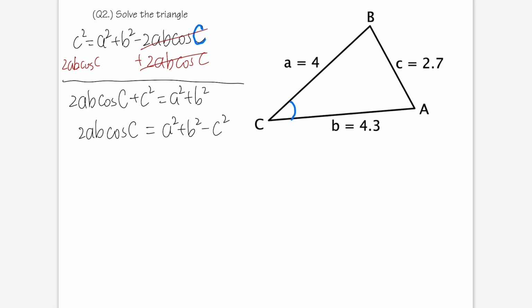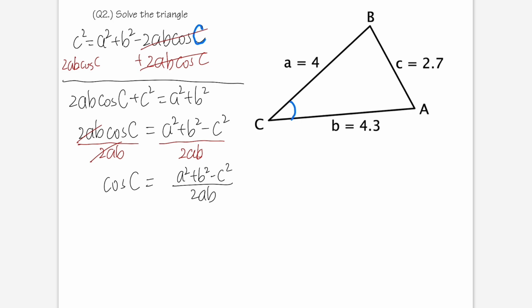Then we will have to divide both sides by 2ab. So this and that cancel. And then we see that we have cosine C equals a squared plus b squared minus c squared over 2ab.